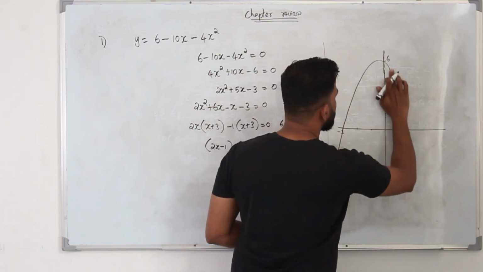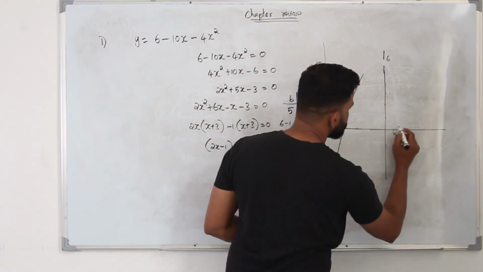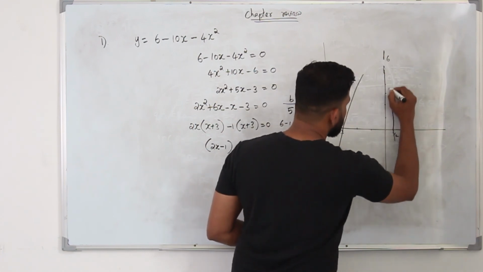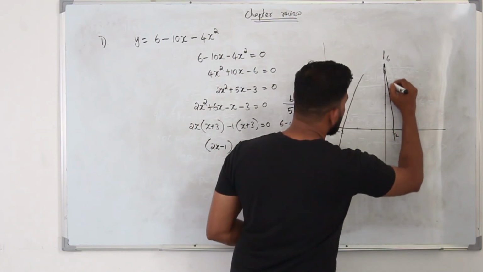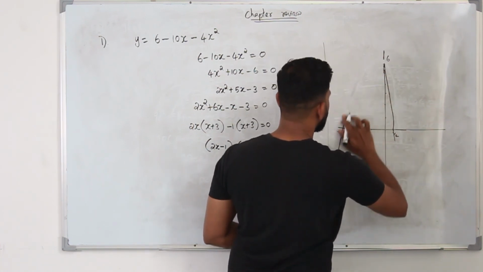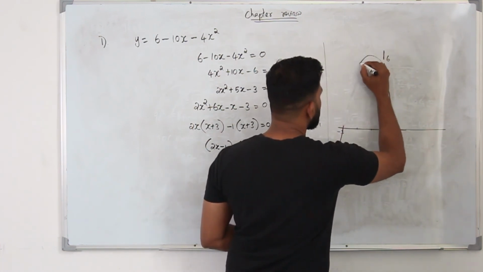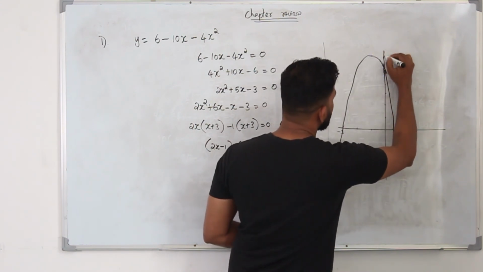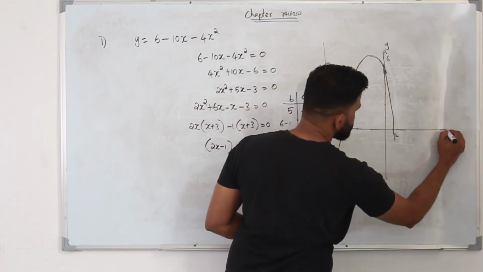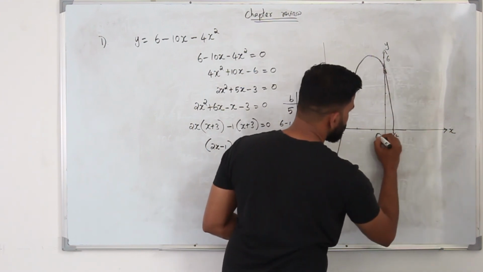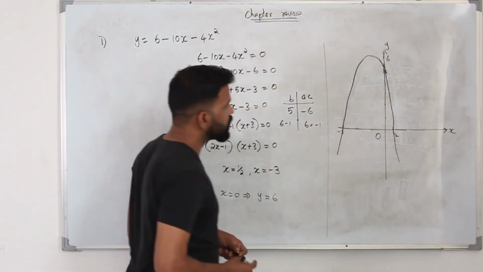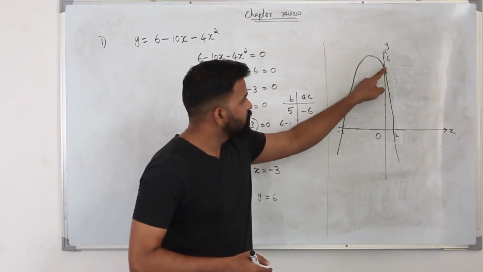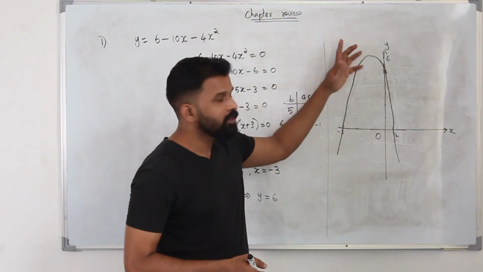That's completely wrong. This will be your graph: y-axis, x-axis, origin. Because this is not the maximum point. The maximum point can be somewhere here.